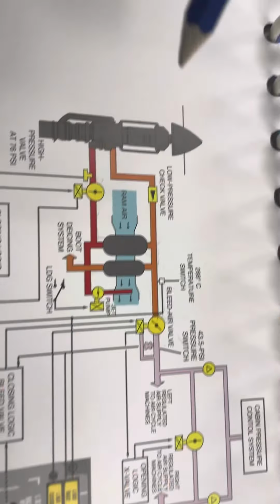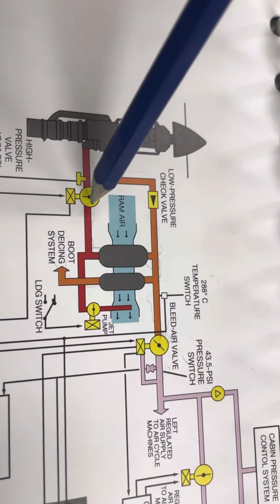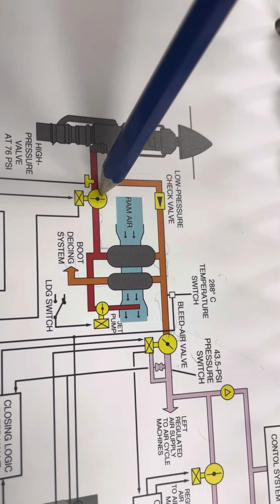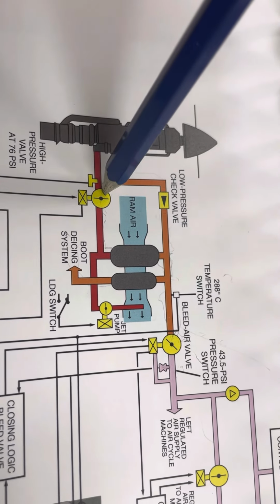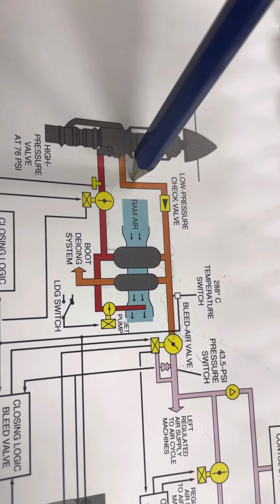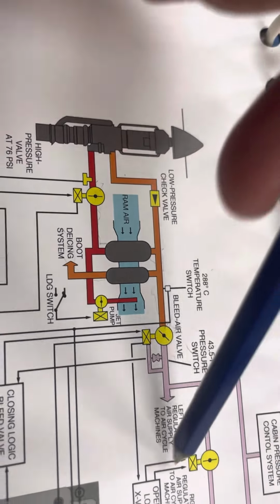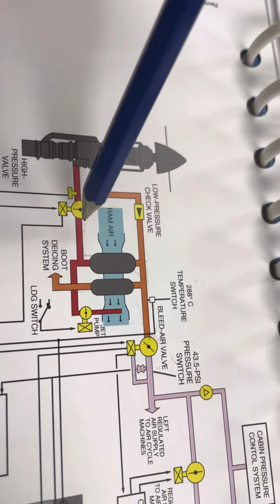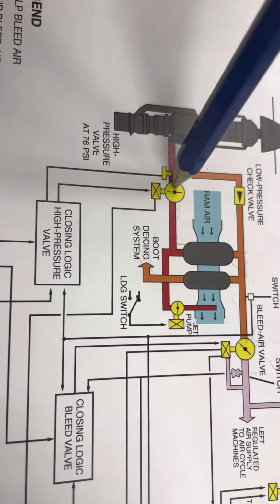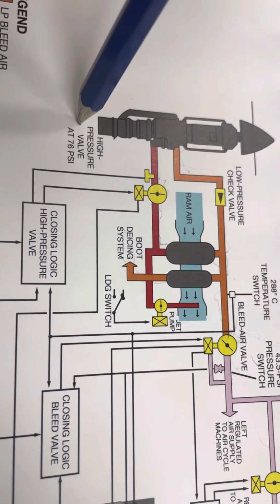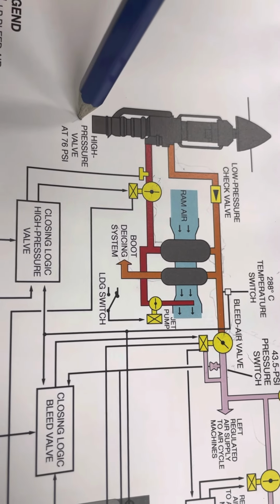First time this valve will open is when power is pulled back and there is insufficient low pressure bleed air to do everything that needs to be done over here. This valve will open when it senses pressure at this switch less than 76 psi.